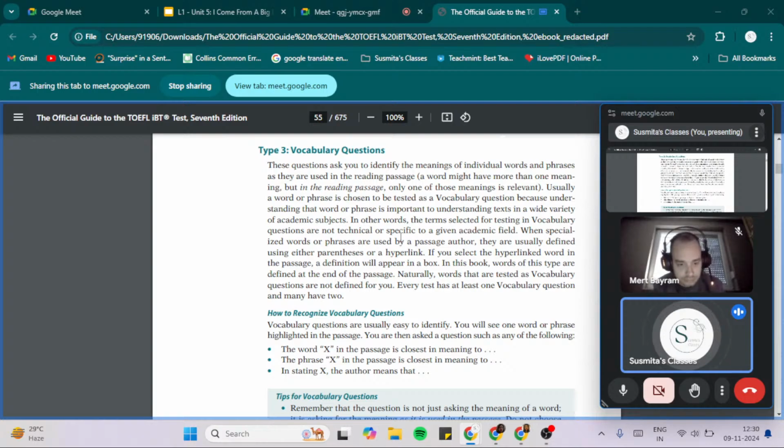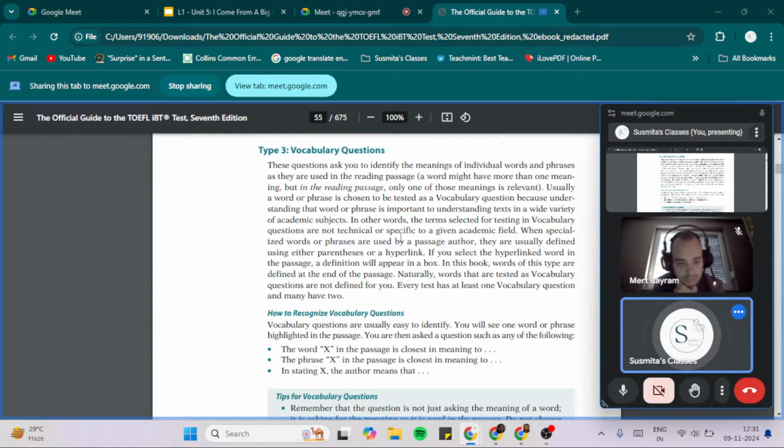Now you might know in English we have many words, and the words might have many meanings attached to them. So we need to understand that the word over here would be asked based on the way it is being used in this paragraph. They wouldn't ask you the general meaning of it. What is the closest meaning of this word in the context that it is being used? That is what you have to try to understand over here.